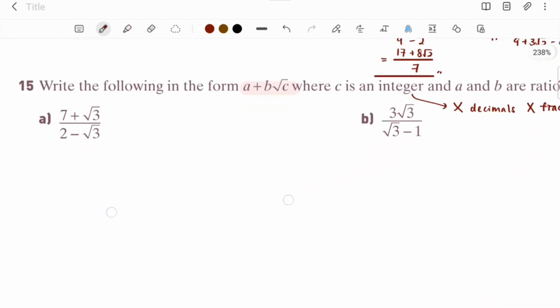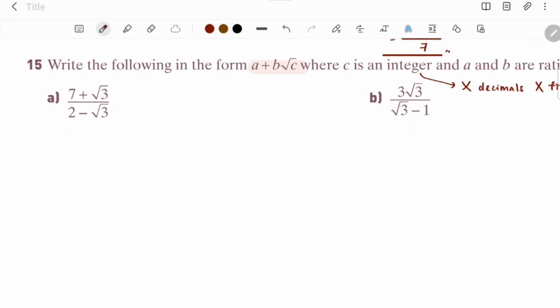So let's see. This one, notice that here you have the surd or square root, so we have to rationalize it in order to achieve this form. Let's try and see. To rationalize it, you have to look at here. So this one is 2 minus surd 3.